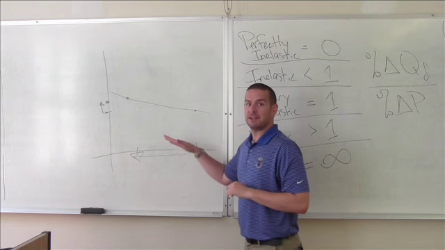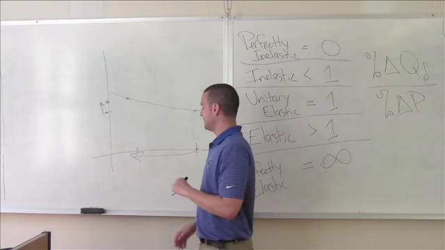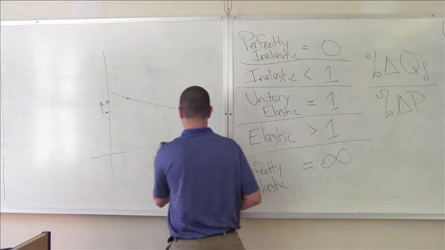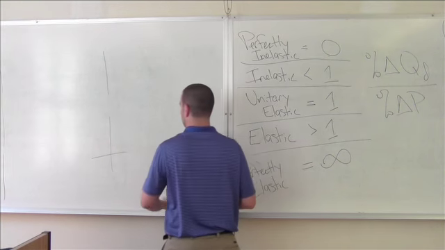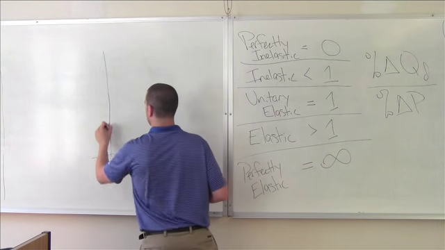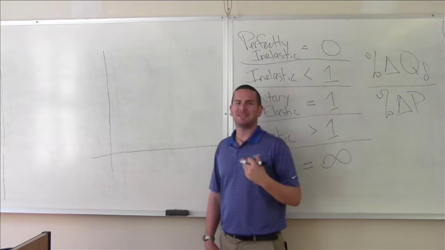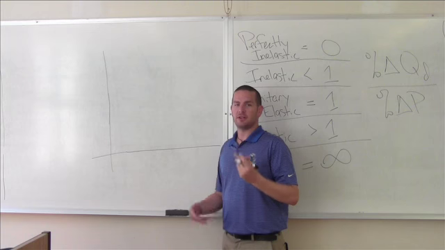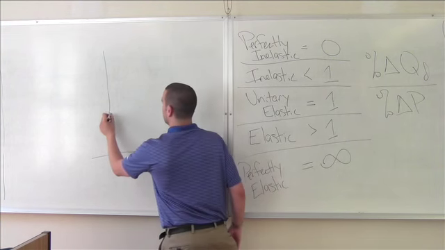If it was perfectly elastic, then what you would have is something more like this. And this is always the hardest one for students to see, so it's okay if you just memorize it.